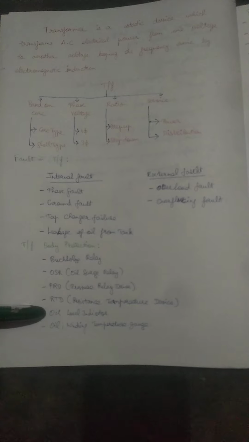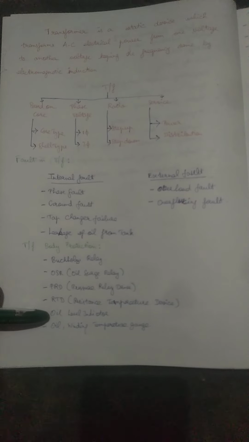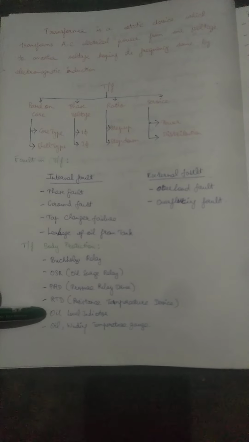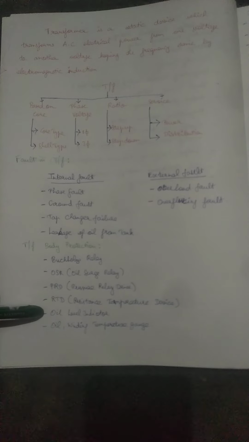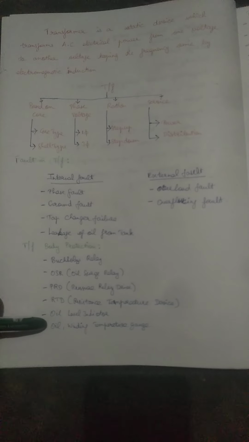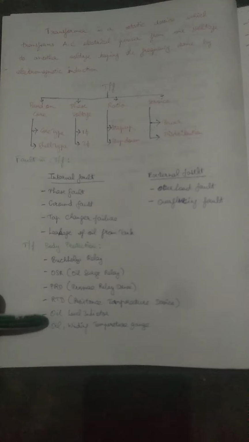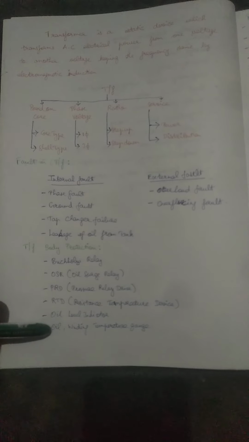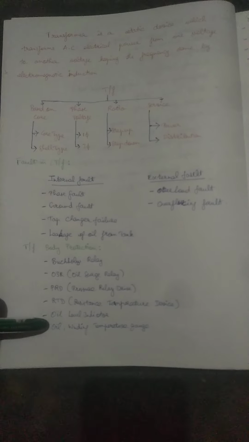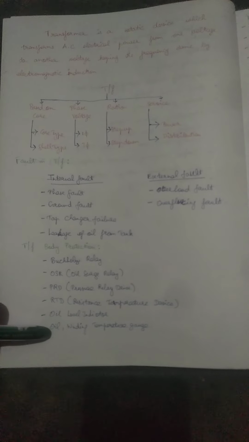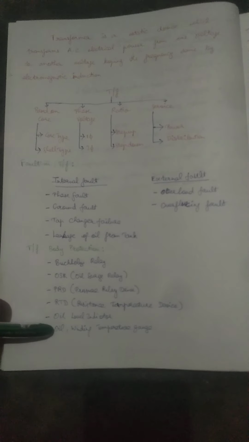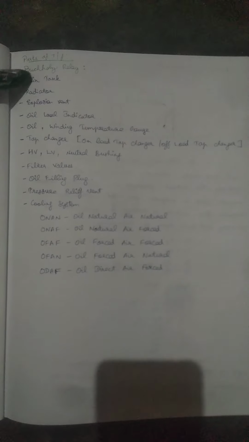This is our oil level indicator, which is connected with the conservator tank of the transformer. Then oil and winding temperature gauges. This RTD is connected with this temperature gauge in parallel, and also to our SCADA system, which is used in power plants and also in substations.